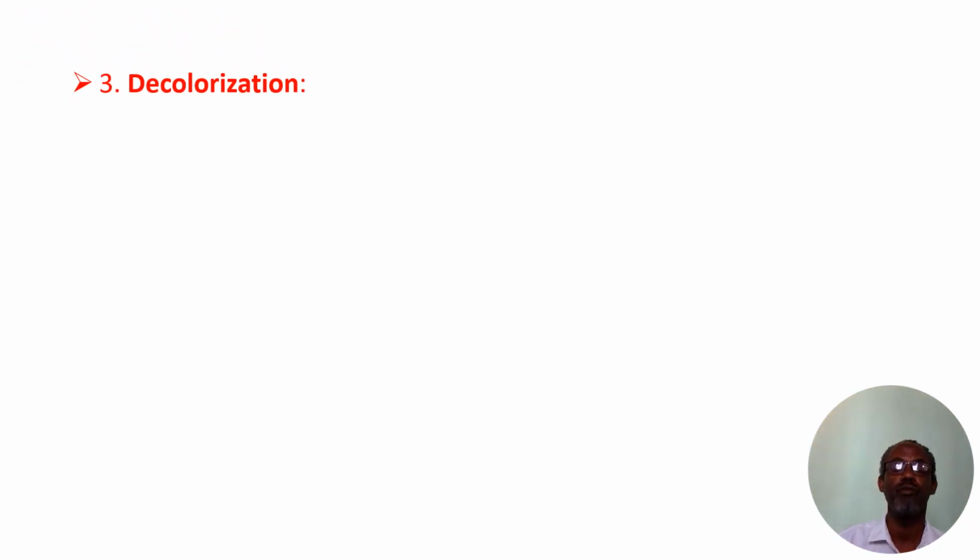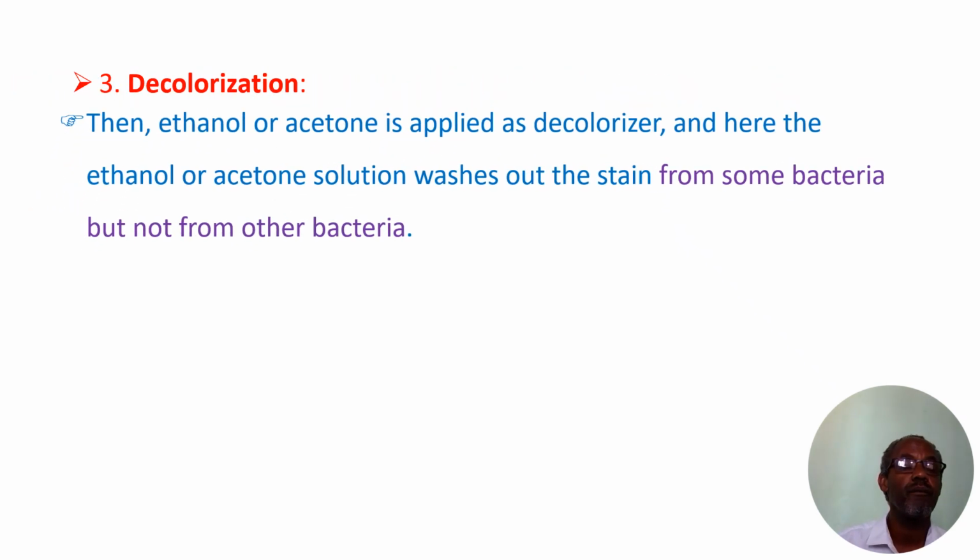Let's try to remove the stain by applying either ethanol or acetone or a 50-50 mixture of ethanol and acetone. When we apply this decolorizing agent, it can wash out 100% of the primary stain iodine complex from one group of bacteria, but it can't remove it totally from the other group. Therefore, you can see here.